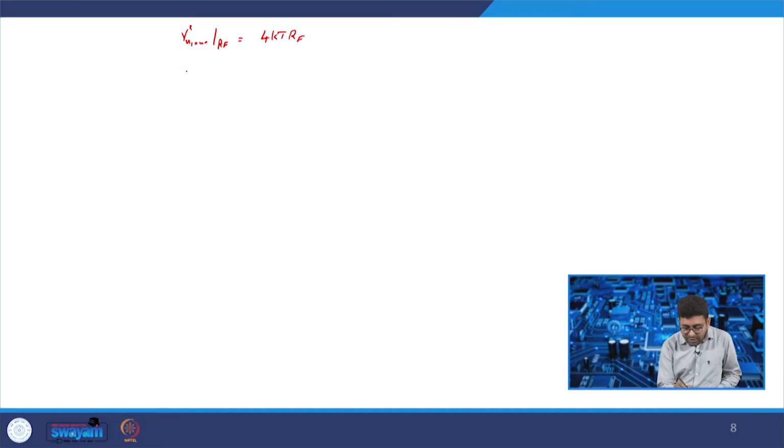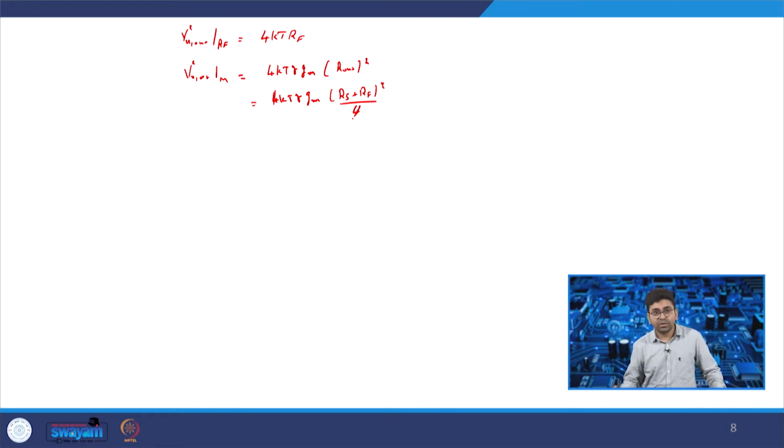We can also write for M, Vn square out for the transistor, that is 4 kT gamma gm into R out square. We have to find RS plus RF square by 4, so this 4 will be cancelled out. So there are two noise sources, RF and M.